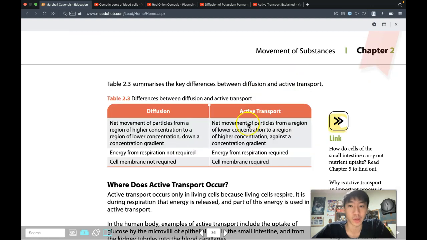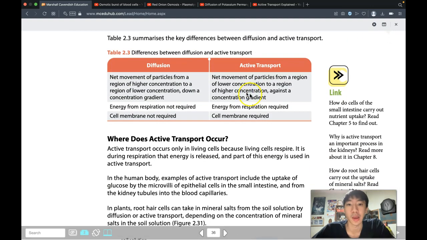So let's look at the difference between diffusion and active transport. Diffusion is the net movement of particles from a region of higher concentration to a region of lower concentration, down a concentration gradient. Active transport is the net movement of particles from a region of lower concentration to a region of higher concentration, against a concentration gradient.